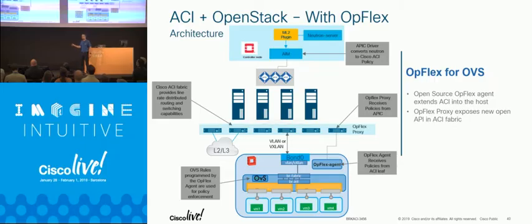So tell the APIC controller, I've got these networks, I've got these security groups, I've got these VMs, right? Make sure all is properly configured. And then the APIC controller instructs the proxy switches that you have, so the OpFlex proxy, so that each compute node connected to the OpFlex proxy layer is capable of downloading the right rules and then enforcing those rules at the Open vSwitch level.